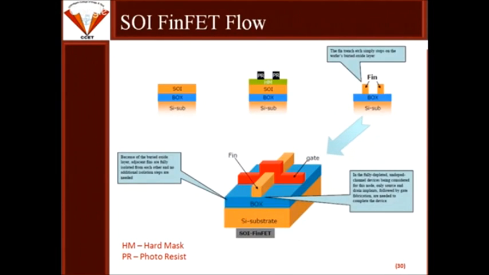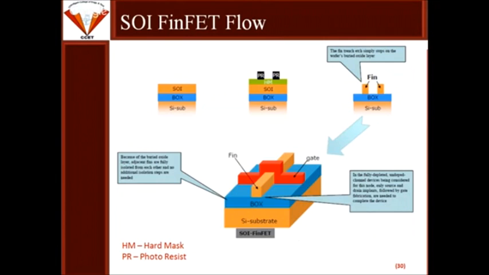Similarly, you can think of the SOI FinFET flow. In the SOI FinFET flow, basically we have the substrate. Over that, the oxide material is deposited, and then the silicon layer is there, and then we provide some hard mask over it, and photoresist material is deposited, and then we go for the etching process.